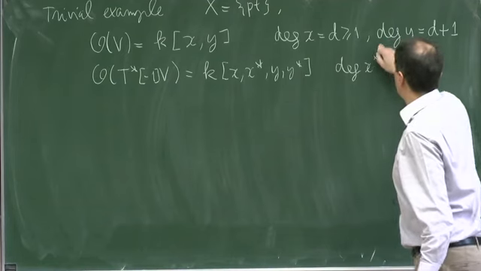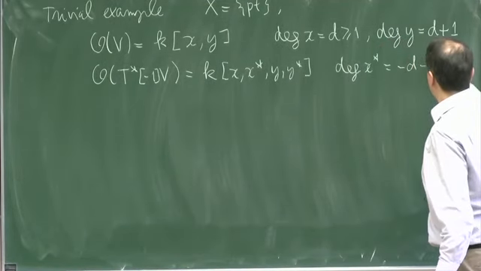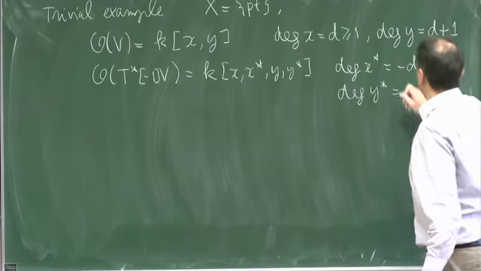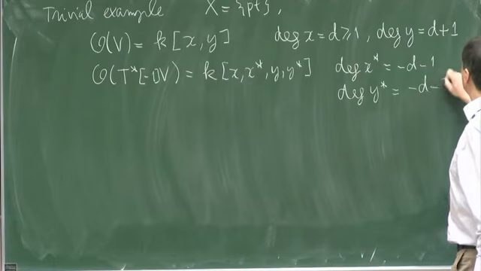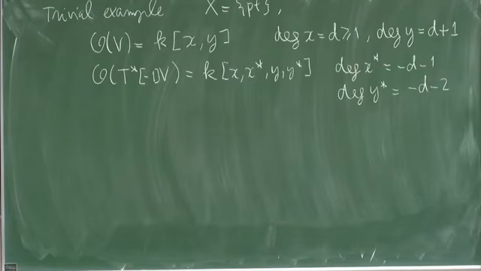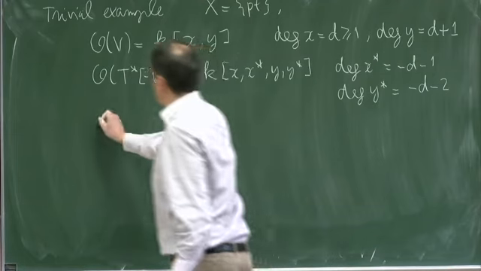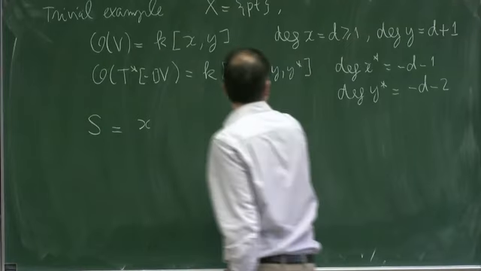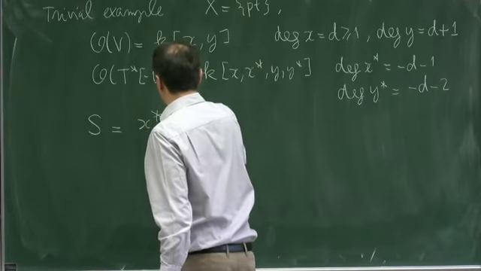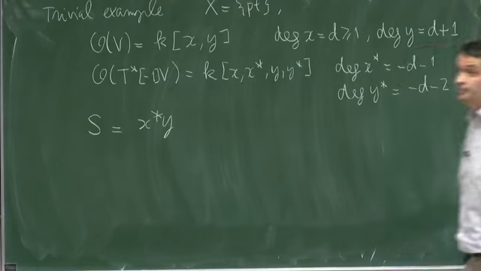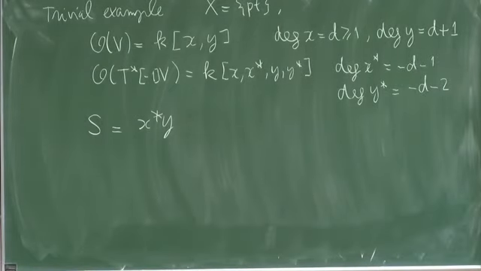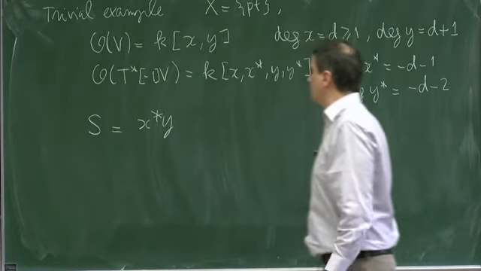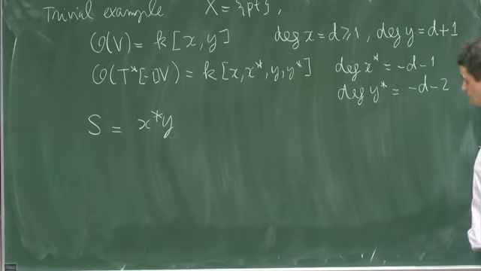Degree of x star is minus d minus 1. Degree of y star is minus d minus 2. And then you can construct S by saying x star y. X star y has degree 0. Okay, and you can easily check that this satisfies the classical master equation.